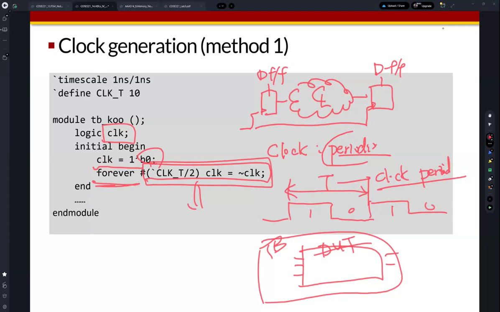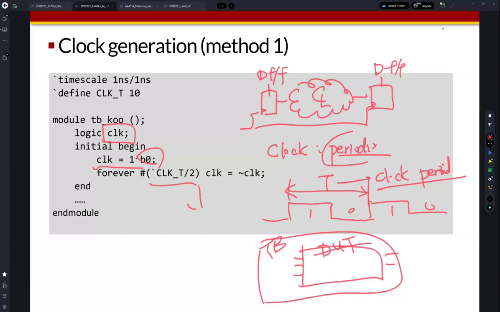So this is the meaning of forever statement. So you can find some new statement in the testbench syntaxes. Okay. And then in the forever statement, you can find the sharp symbol and clock T divided by 2.